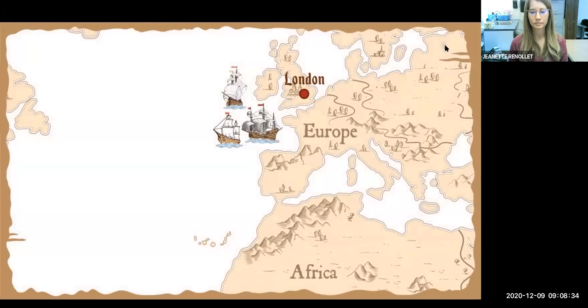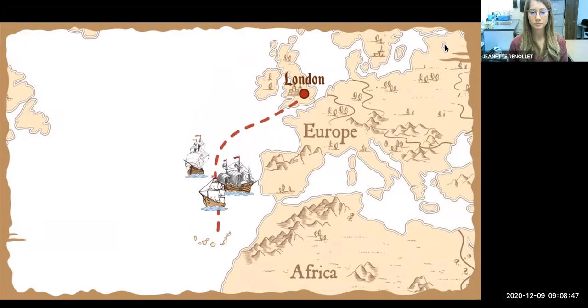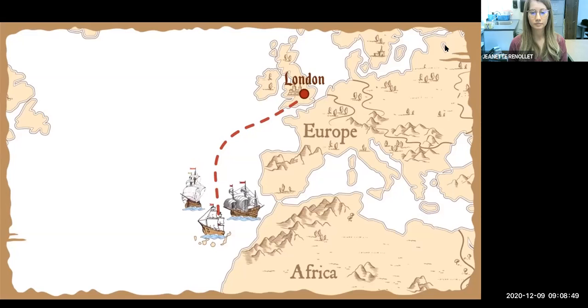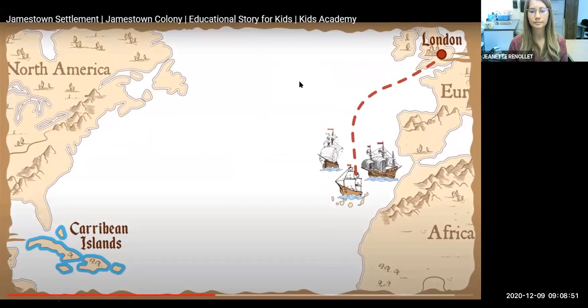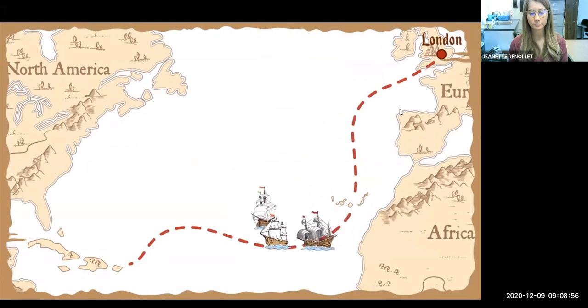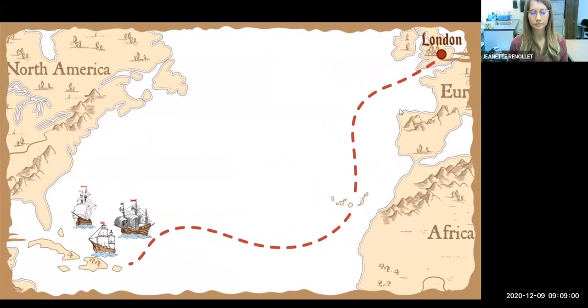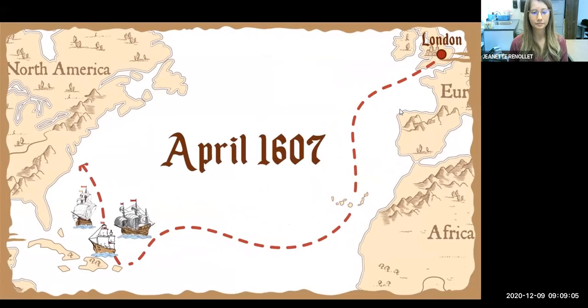The English settlers were in search of new land. First, they stopped at the Canary Islands for water and rest. They also made a stop at the Caribbean islands. Finally, after 4 long months, they reached America in April of 1607.